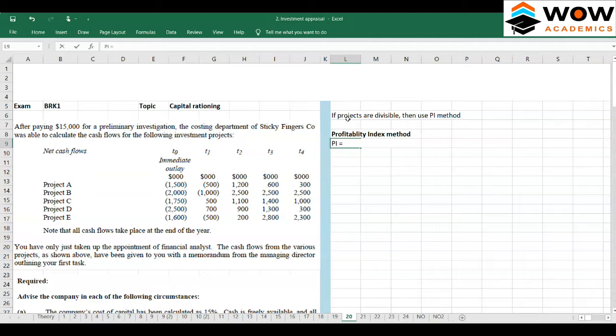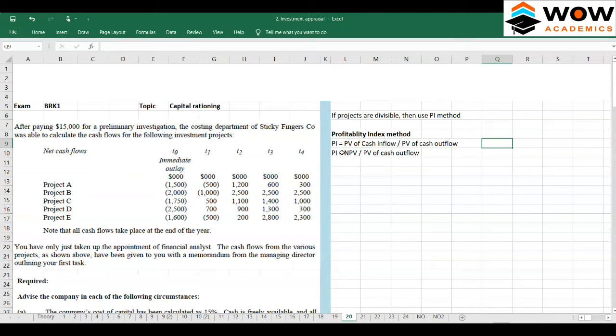The profitability index formula is present value of cash inflow divided by present value of cash outflow. Some books or in some ways you can also work it out in this way: NPV by PV of cash outflow.